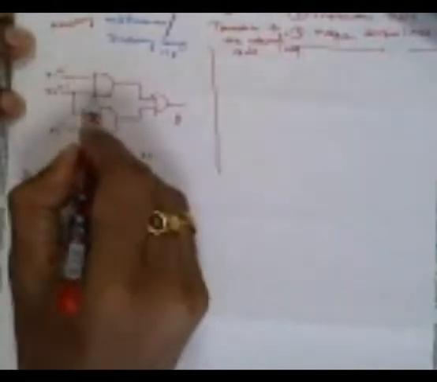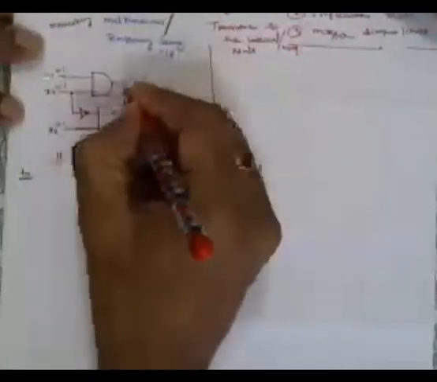Now suppose you set all the inputs to 1, at an instant of time, say t naught. This 1 will propagate inside, so this AND gate output will be 1.